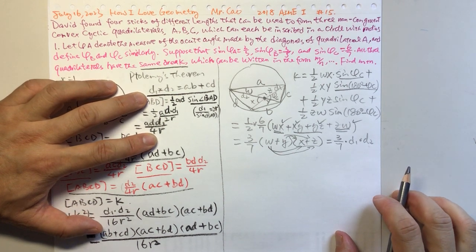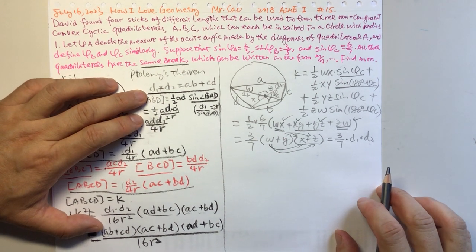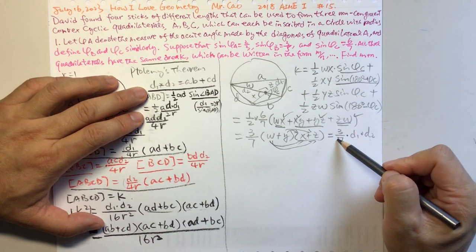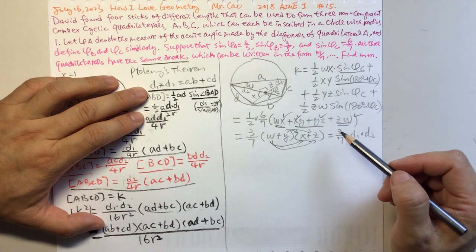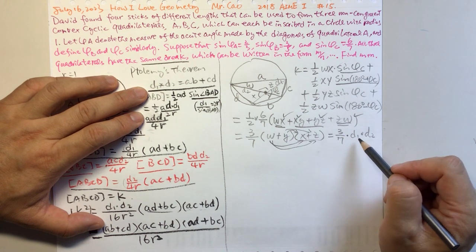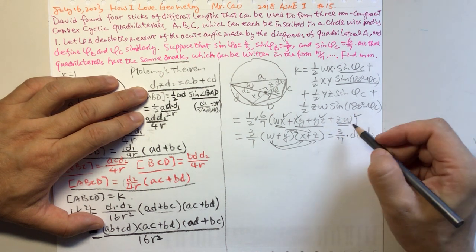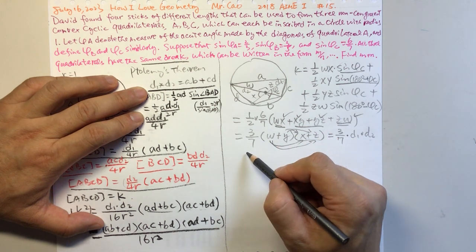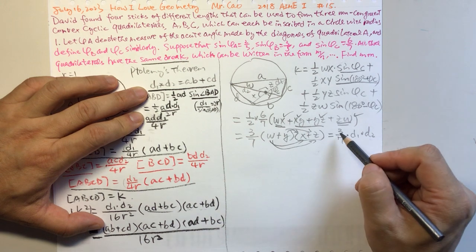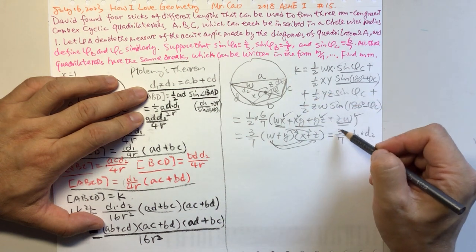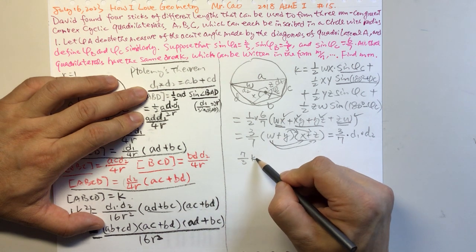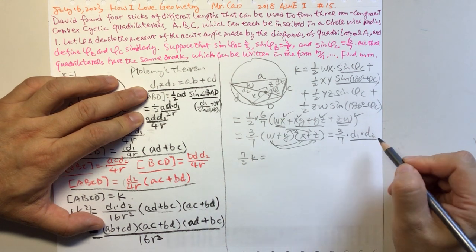Now we will get D1 times D2. Each side times the reciprocal of this number, so 2/sine phi C times K equals D1 times D2.